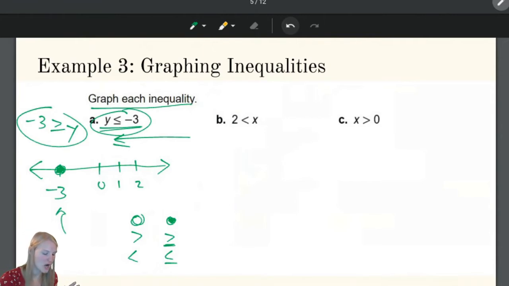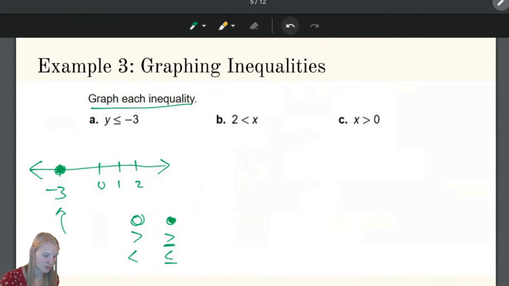So please do not think, oh, the inequality points that way, so my arrow's going to point that way. No, not necessarily. That might happen a large amount of the time, but it does not always happen. So please don't do that.